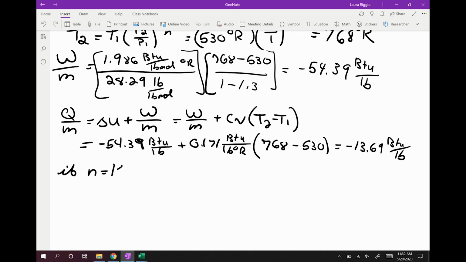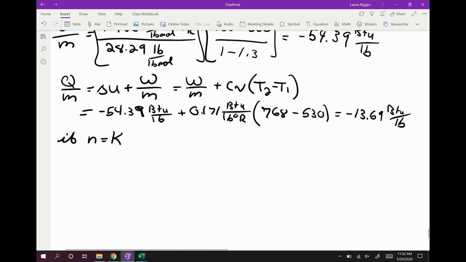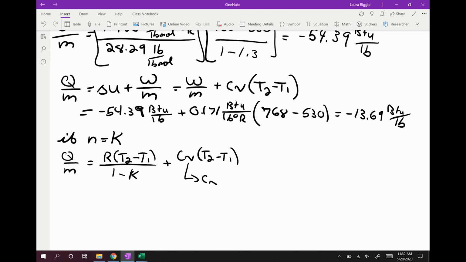If n is equal to k, my heat transfer per unit mass is going to be equal to R(T2 minus T1) over 1 minus k, that's my work, plus cv times (T2 minus T1). And if we recall, cv is equal to R over (k minus 1).